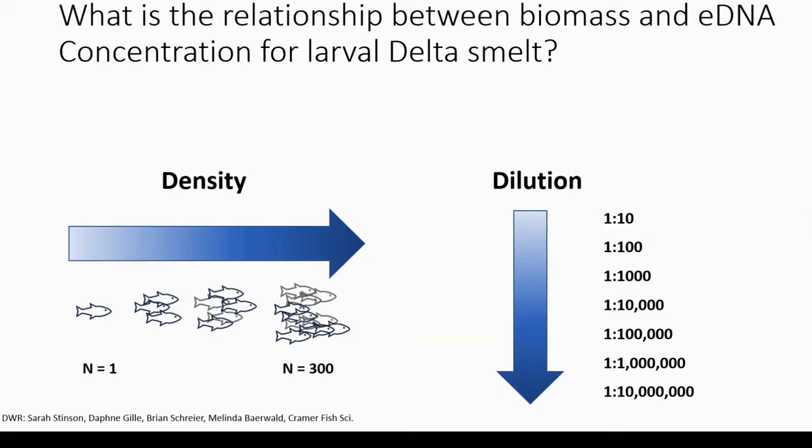We placed a known biomass, 1 individual, 3 individuals, 10, 30, 60, 100, and 300 fish, into individual tanks of clean water and then extracted the DNA from that water. We then used qPCR, like Susie mentioned, a very sensitive way to detect eDNA. Our goal was to find the lowest detectable concentration of DNA.